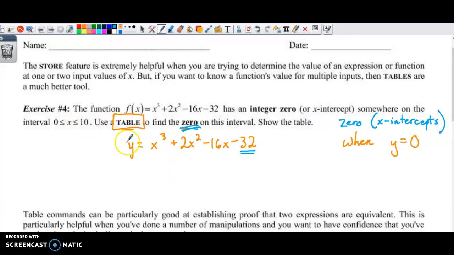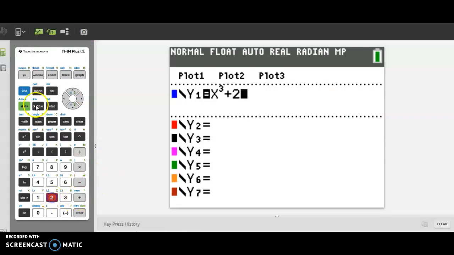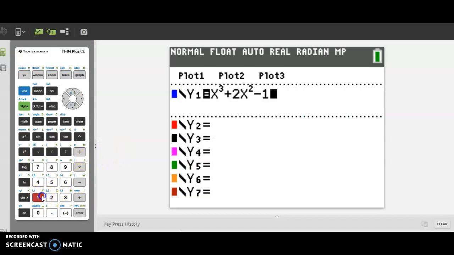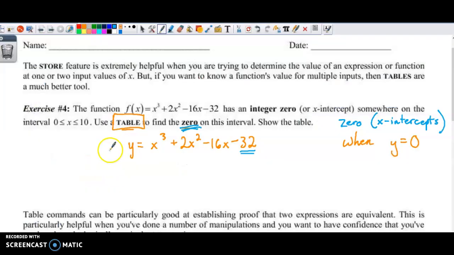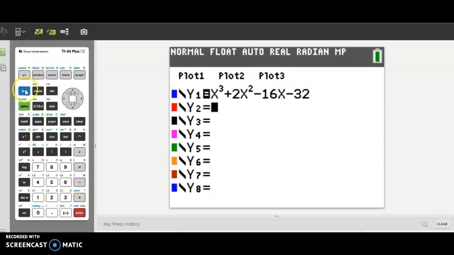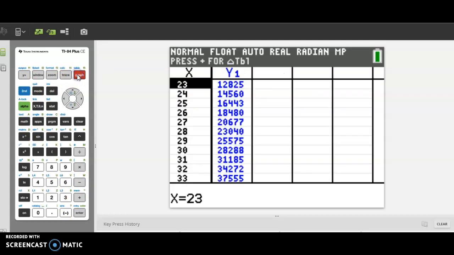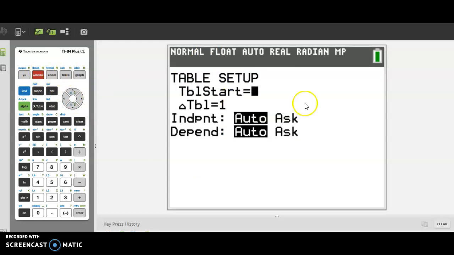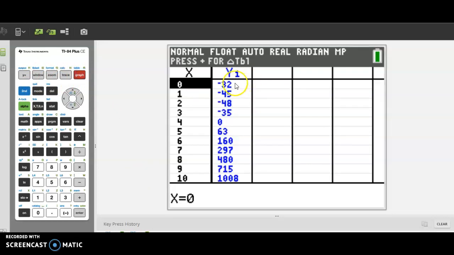And please bring questions to class if you are forgetting how to type in, or play around with the calculator and see if you can figure that out. Minus 32. And I'm going to hit second graph, because that'll bring up a table for me. And if you're really far off from between 0 and 10, you can always hit second window to go to your table setting and go back to 0. If anybody's playing a trick with your calculator, you can go back.